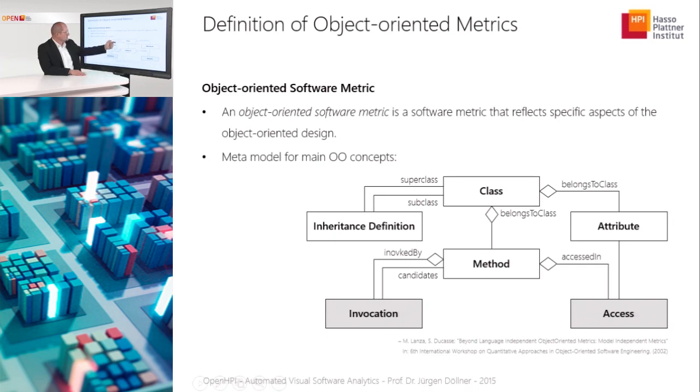Object-oriented metrics investigate classes, their attributes, their methods, how these methods and attributes are accessed or invoked, that is, how these attributes and methods are used. And object-oriented metrics also investigate the inheritance relationships among a class hierarchy. So these are the key aspects object-oriented metrics are interested in.